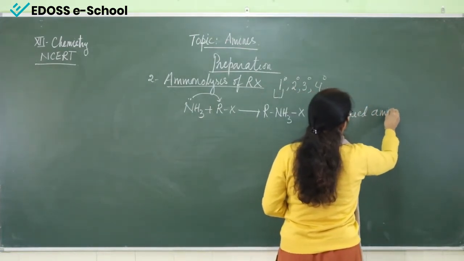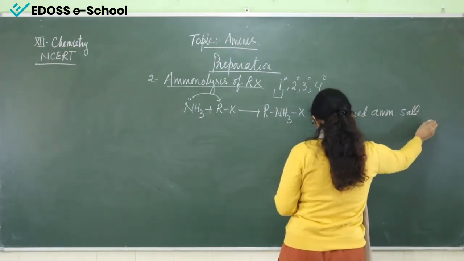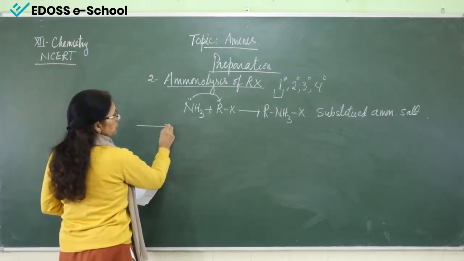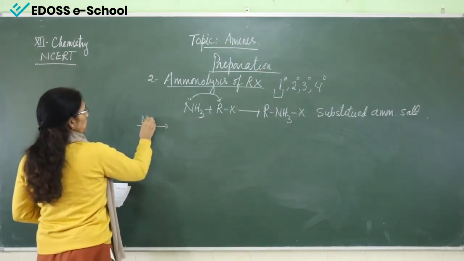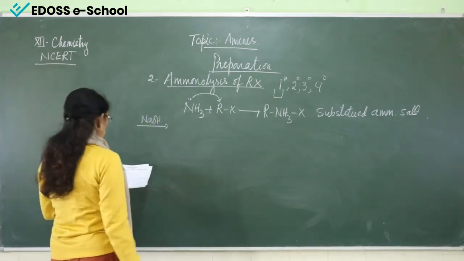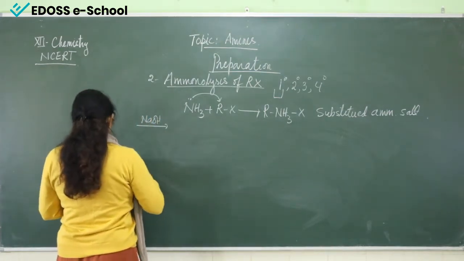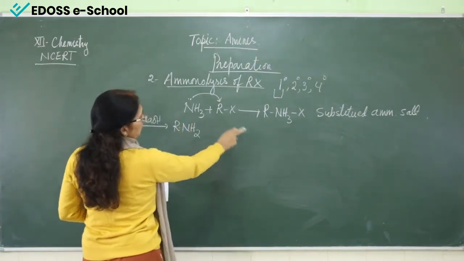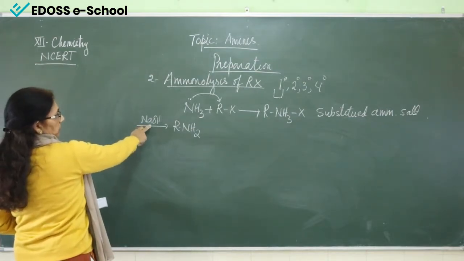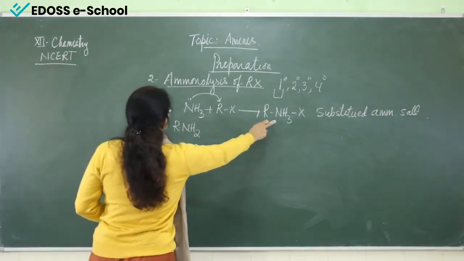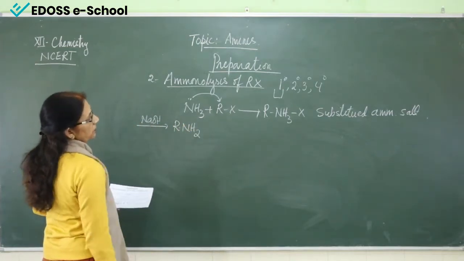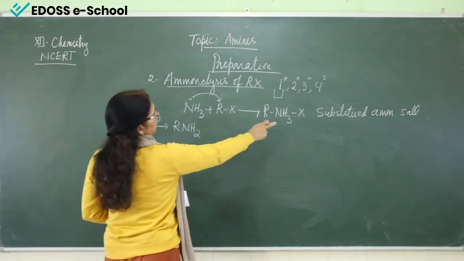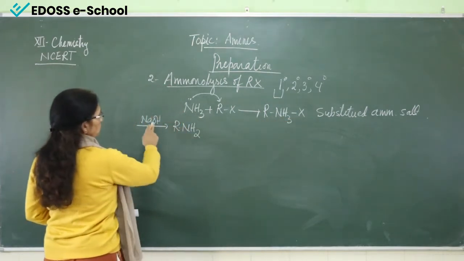Now if you react this substituted ammonium salt with sodium hydroxide, NaOH, what will happen? It will give us primary amine, and the other things will be removed from here. Sodium halide will be given out, water will be given out, HCl will be given out if X is Cl.